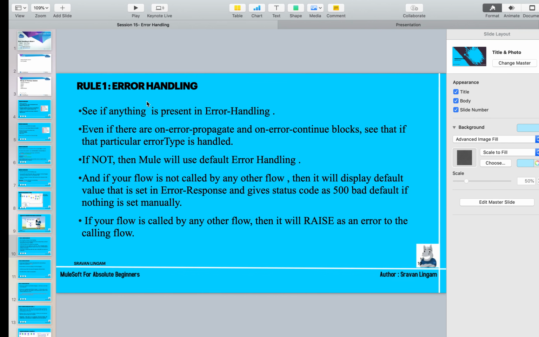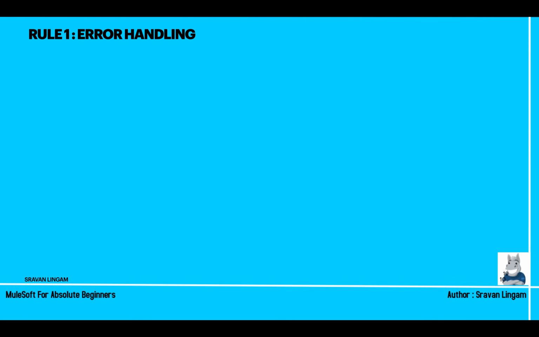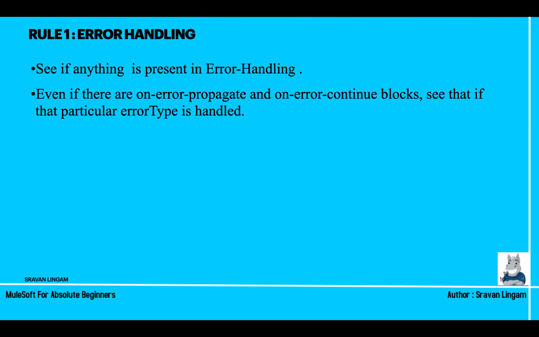So my first point says: see if anything is present in the error handling. If there are on error propagate and on error continue blocks, see if that particular error type is handled. That is our next point. Even if on error propagate or on error continue is present, that error type has to be handled.